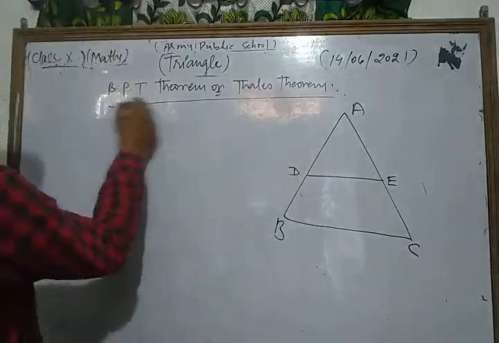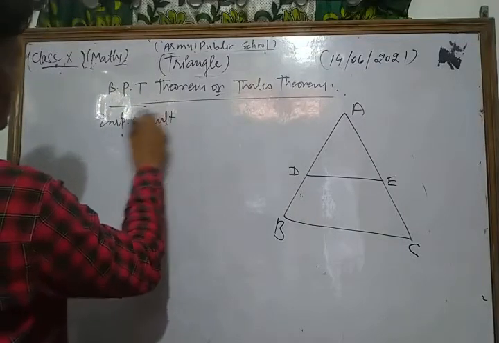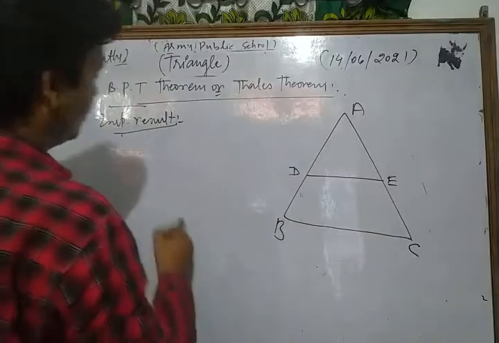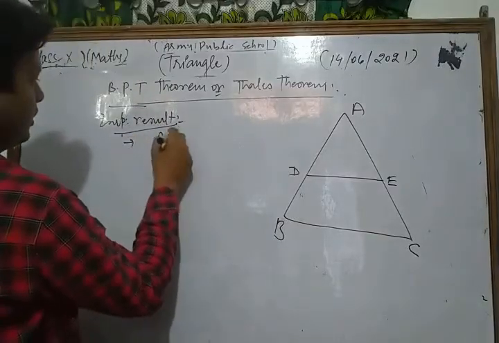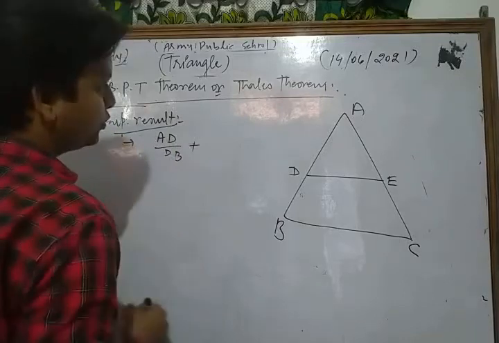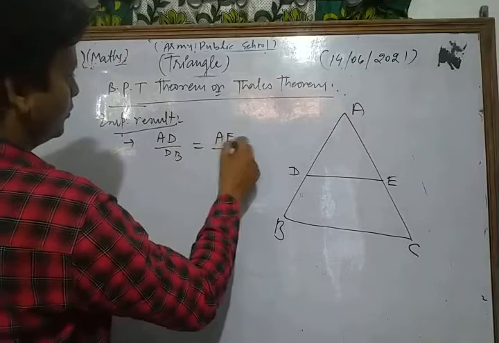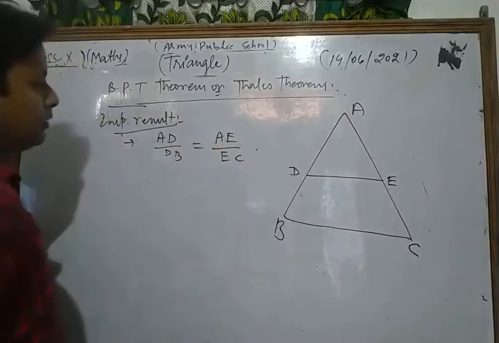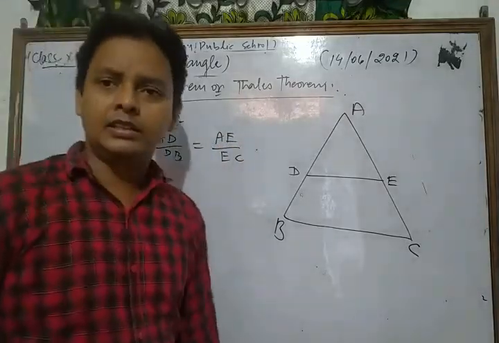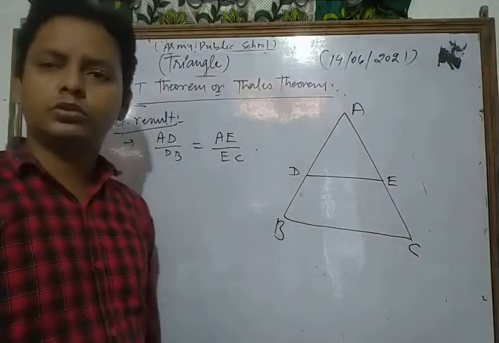The important result of Thales theorem is: AD upon DB is equal to AE upon EC. This is the very important result related to Thales theorem.